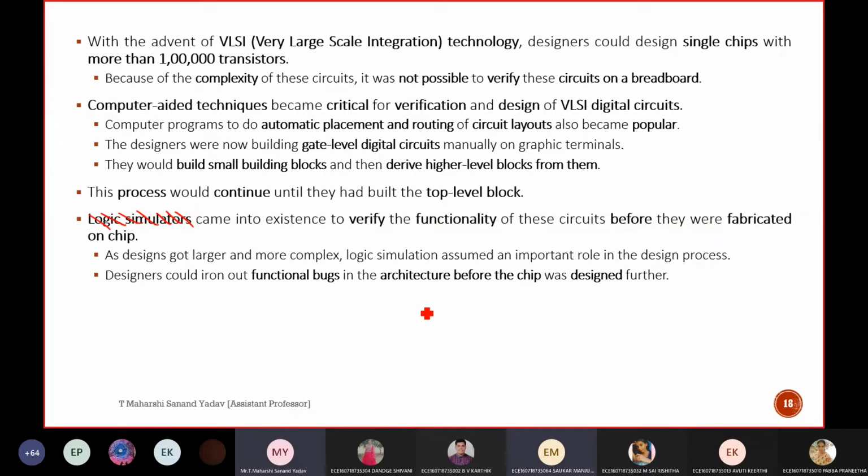This leads to a waste of time and money. To overcome this, we use logic simulators. Simulation means giving some test inputs and checking whether the circuit is working fine or not. Designers could iron out some of the functional bugs in the architecture before the chip was designed further.